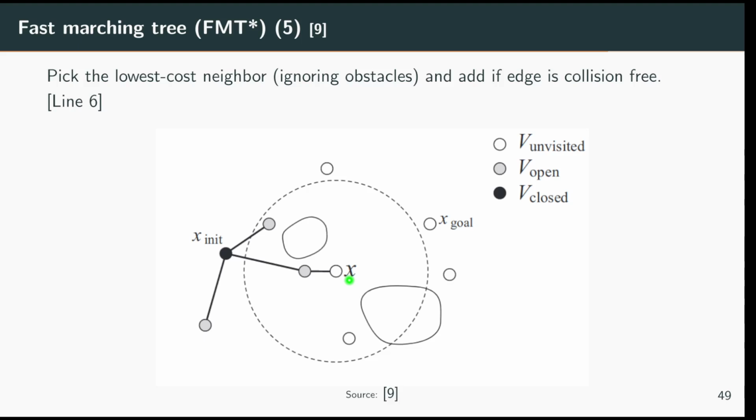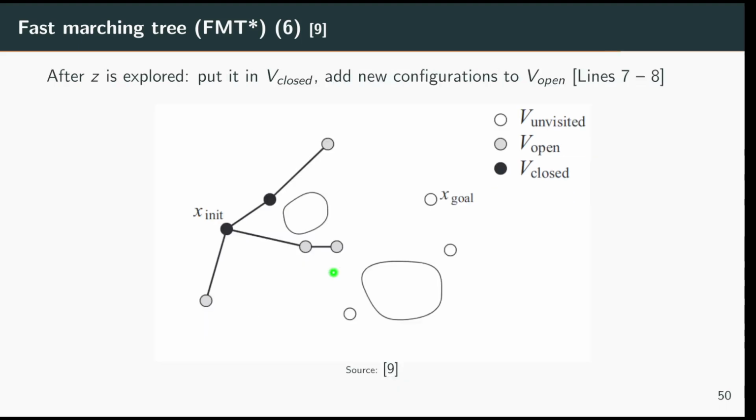So it's very similar to RRT star and rewiring, with the exception that we don't just rewire, we already pick the correct parent during the expansion step. Yeah, and once we are done, we put that node into the closed set, and we repeat the whole procedure.